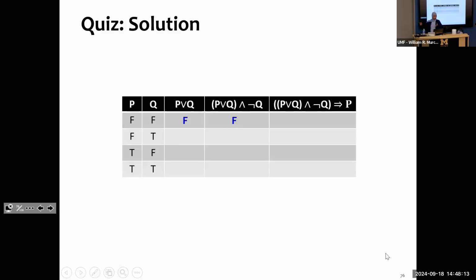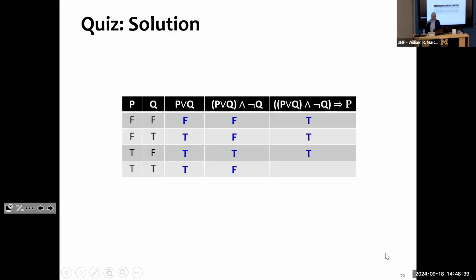I'm evaluating this, the P or Q and the not Q. Is it going to imply P or not? Now, P, which is false. So is false implies false? Yep, that's true. This is the same logic that we are applying here to get these results.